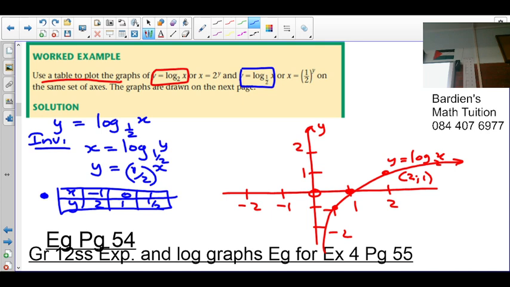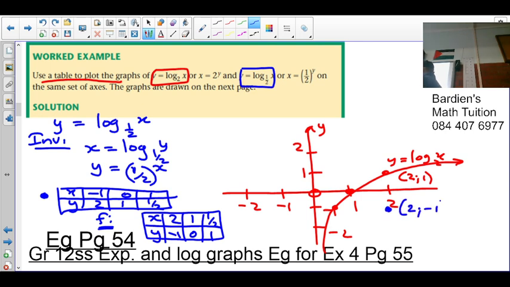So now we're drawing this graph. Are we drawing the exponential graph? No, we are drawing the log graph. That is what I'm interested in. So the function would simply be x and y. So minus 1, 0 and 1 corresponds with 2, 1 and half. Okay. So if x is 2, y is negative 1.